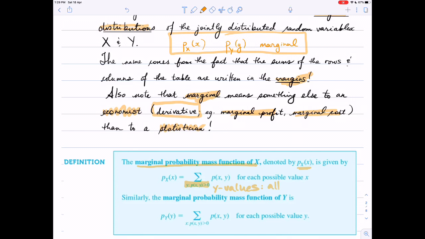And if you're adding up over all y values, all that's left is x. Similarly, the marginal probability mass function of y is the sum over all x values for each possible y, and then you get those distributions that we had above.